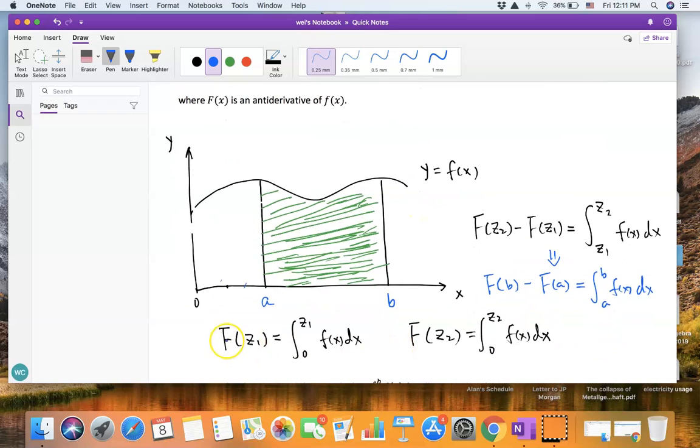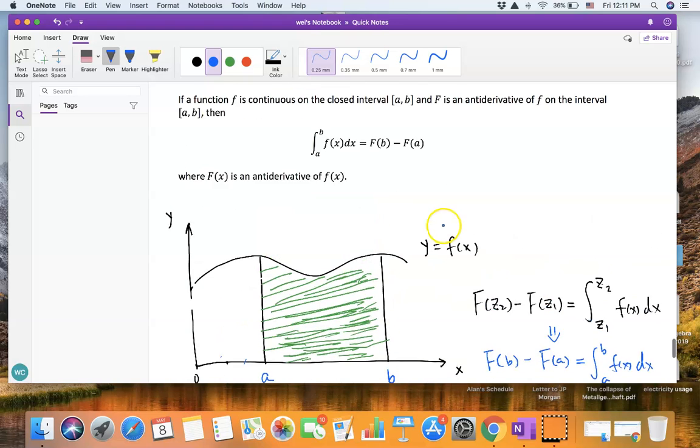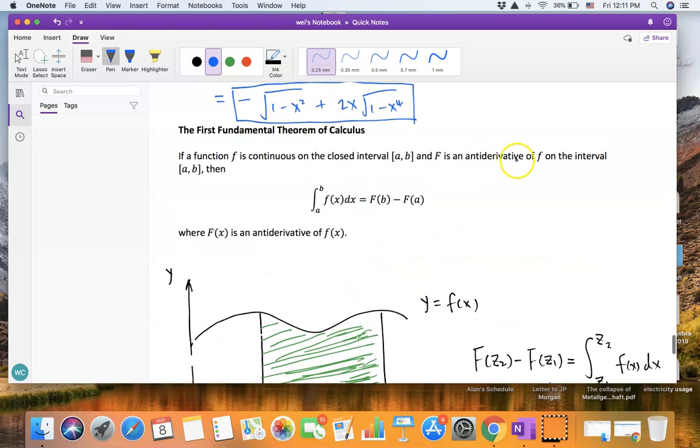So capital F is the accumulation function, and since the derivative of capital F equals little f, capital F is an antiderivative. This is what we know from the second fundamental theorem of calculus.